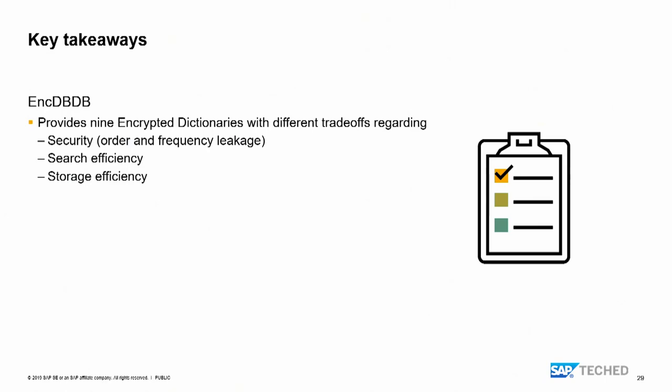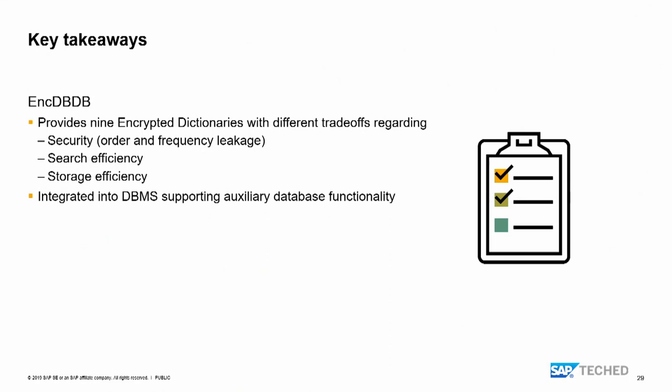But obviously that's not a solution. So I would suggest, if you want the best security you can get, you have to go for ED9. But in most cases, this is not what you should want to do. So go for ED5. ED5 has bounded order leakage and bounded frequency leakage, but the performance loss is really insignificant. So this is most certainly a good choice.